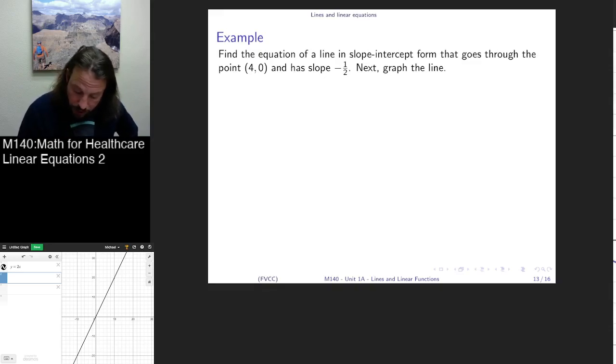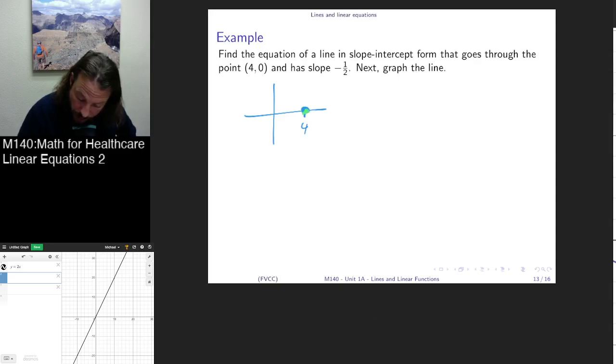First of all, sketching a picture is always a nice idea if you're unsure. Notice (4, 0): x is 4 when y is 0. So right here, 4. We know we go through this point.